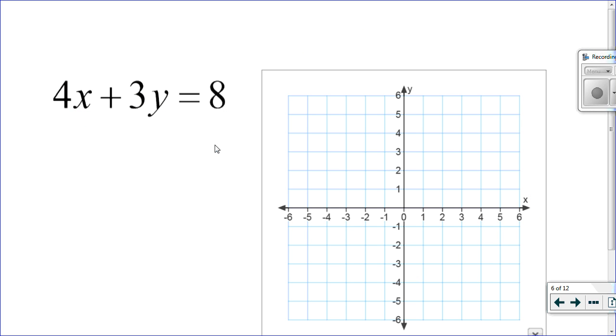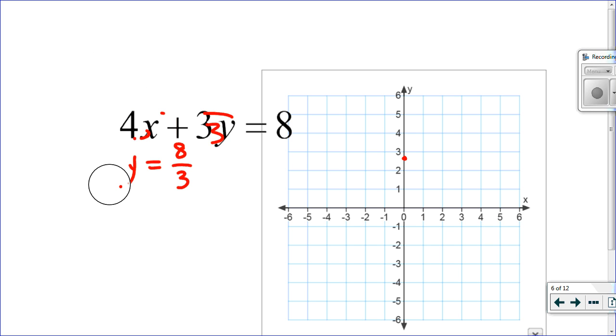And so you're going to remember that standard form. So just one more quick example. I replace x with 0, getting rid of that. And my y-intercept is 8/3, or 2 2/3. That's my y-intercept.